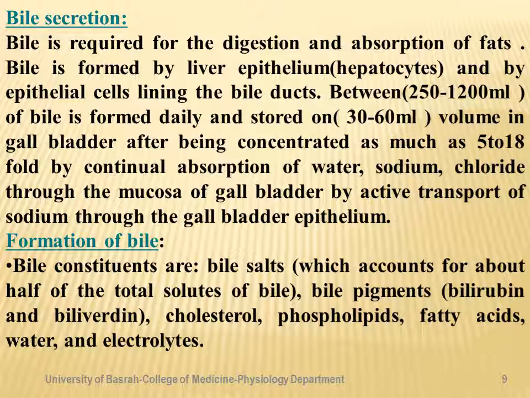So the gallbladder is considered the temporary storage of bile. The bile is made at about 250 to 1200 milliliters, but inside the gallbladder the amount is usually 30 to 60 milliliters because of the continual absorption of water, sodium and chloride through the mucosa of the gallbladder. So the concentration of the bile is going to increase.